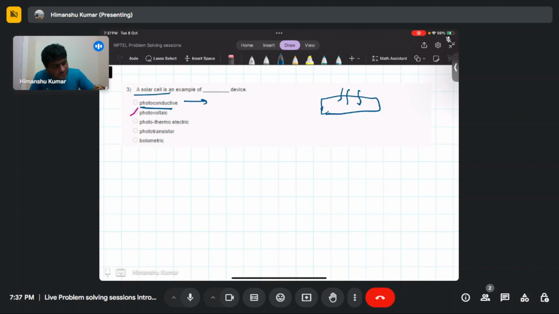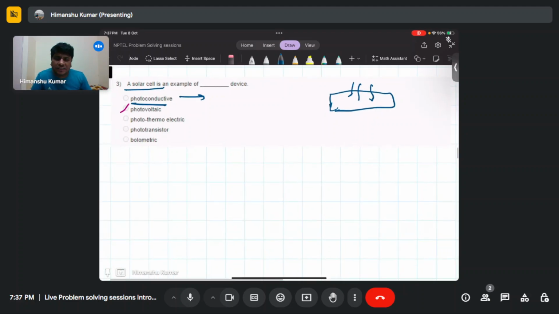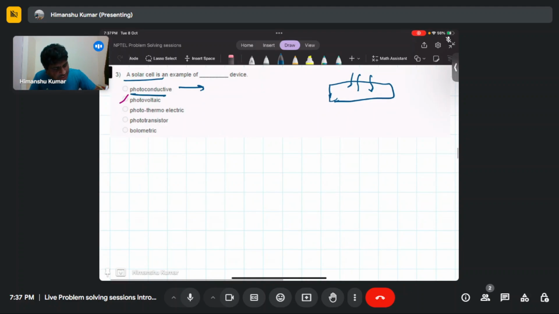To make light dependent resistance devices, LDR, you make the semiconductor like this and measure the voltage across it.